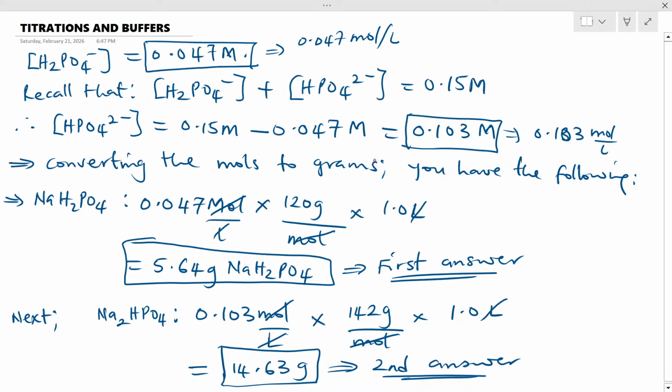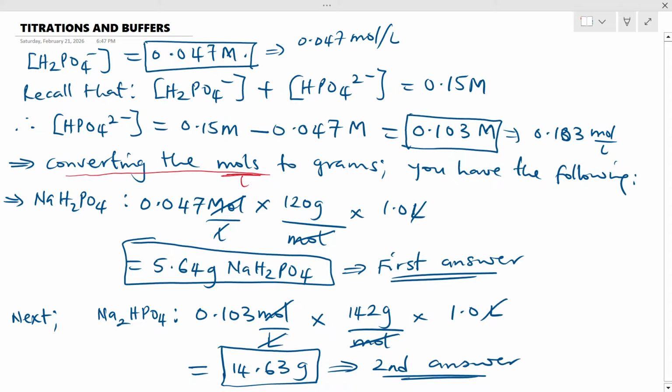So you have gotten the two concentrations, but what the question requested is in grams. So what you simply do next is convert the moles per liter, or molar, to grams, and you have the following.